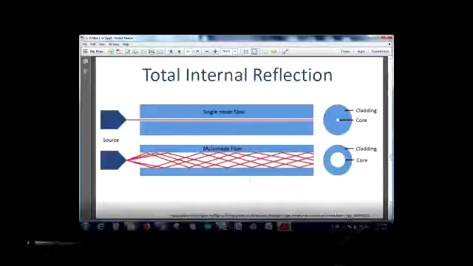Now, we see two optical fibers. The one on the top shows a single mode fiber, and the one on the bottom shows a multi-mode fiber. You can see that the cladding, which is in blue and surrounds the core, doesn't change in size.